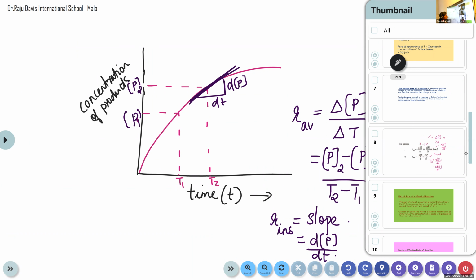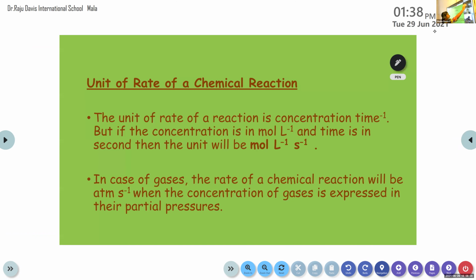Then we are going to find the unit of the rate of a chemical reaction. The unit of rate of a reaction is concentration time inverse. That means when you find the rate, that is equal to minus delta concentration of R divided by delta T, that is the concentration of reactant divided by time.